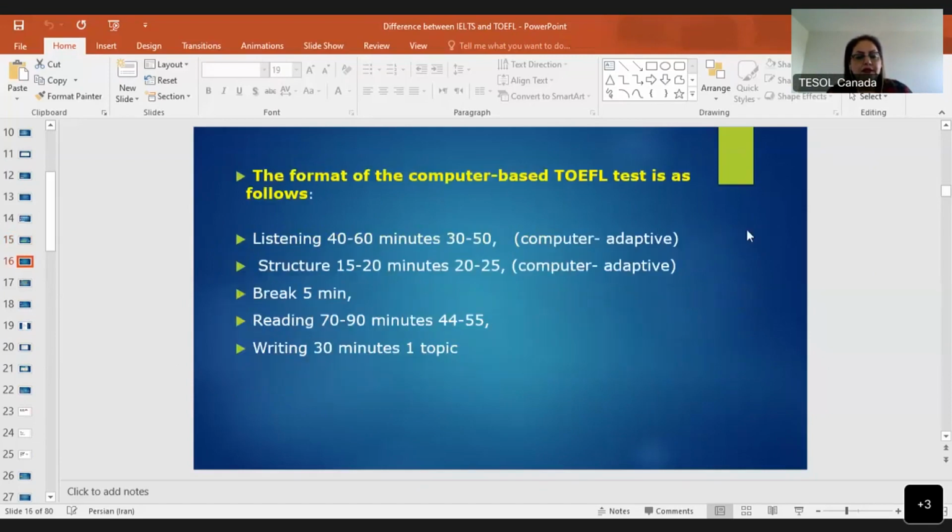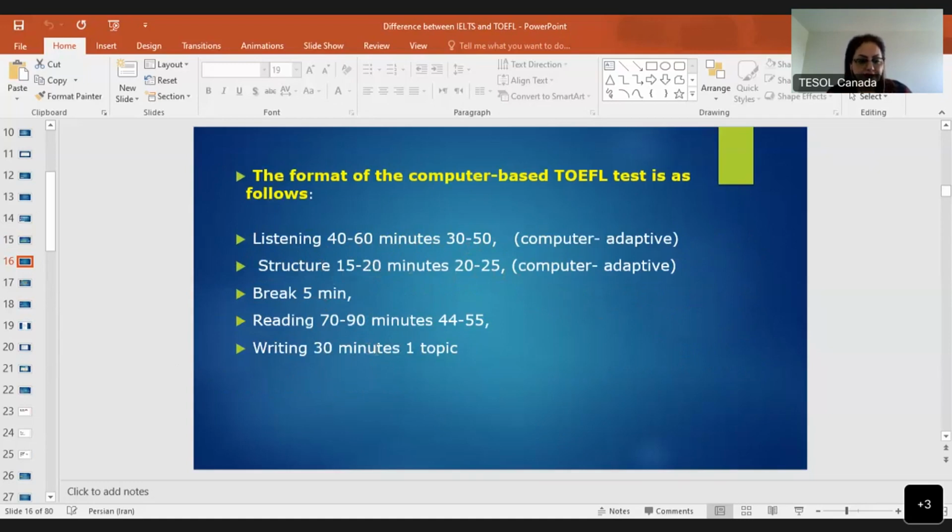The format of the computer-based TOEFL iBT: listening 40 to 60 minutes, structure 14 to 20 questions, 20 to 25 minutes.